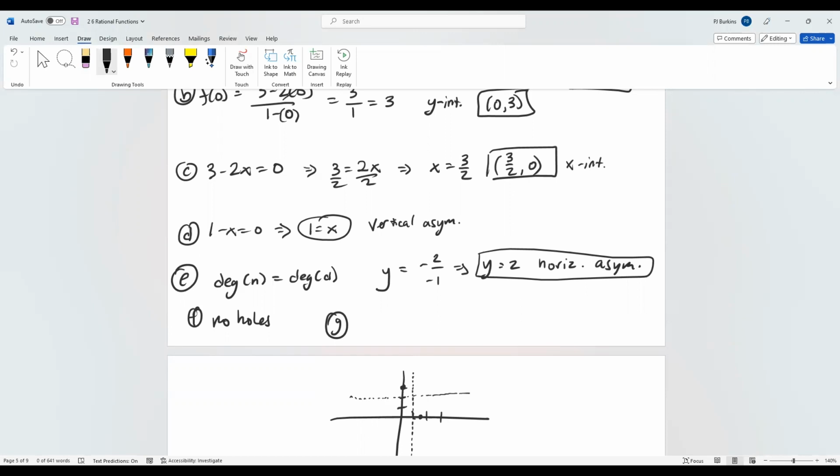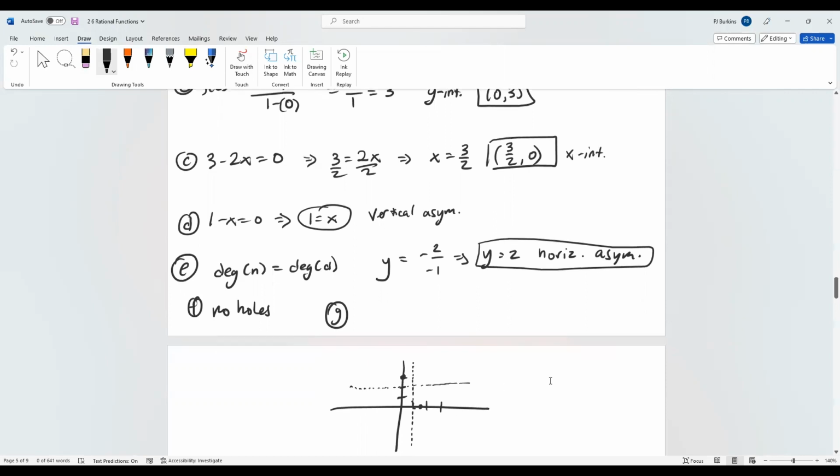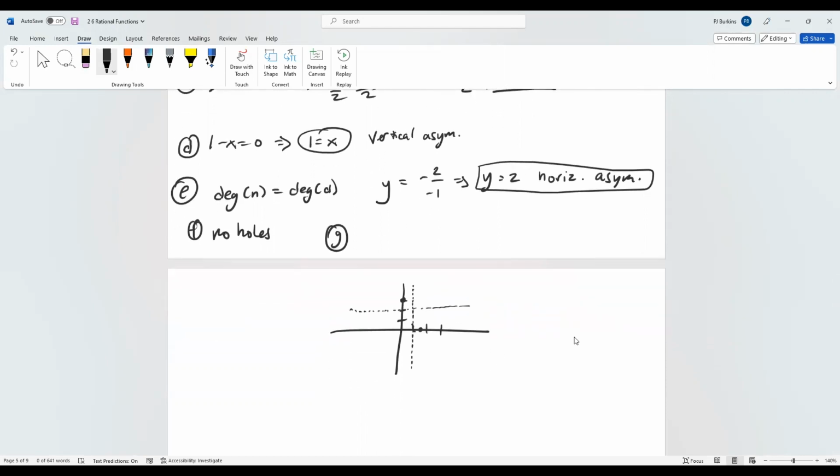So let's let x equal 3 would be a good one. So we need the function evaluated at 3, right? So we can get a point over here. Let's see, x equal maybe -1.